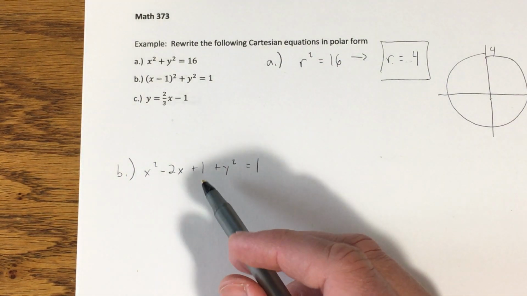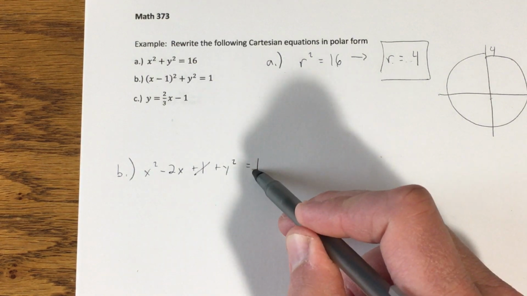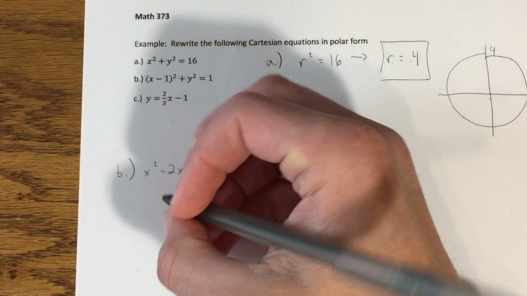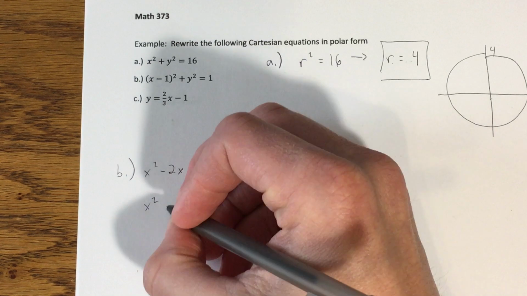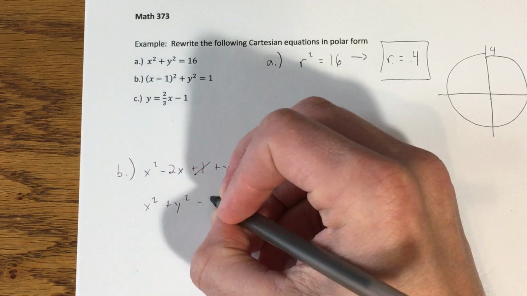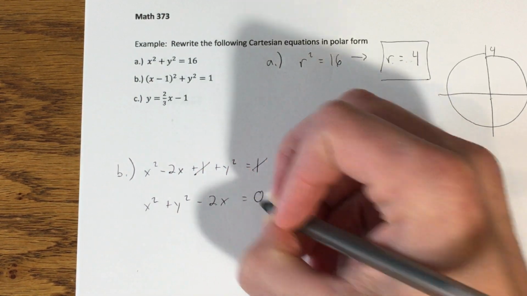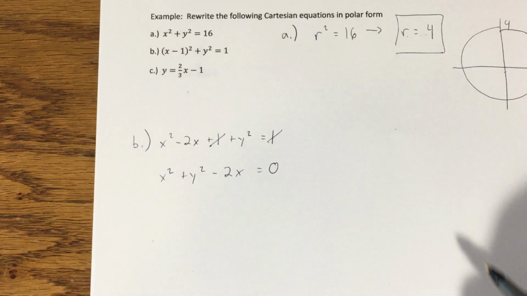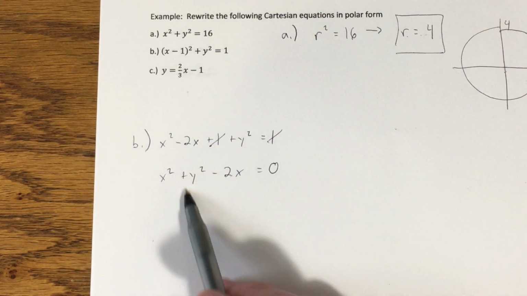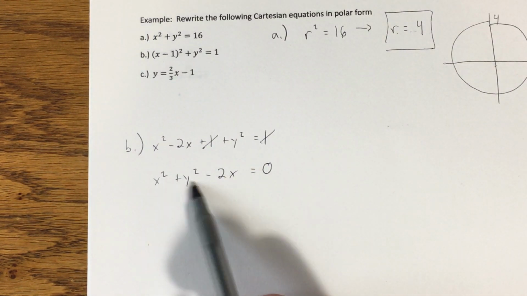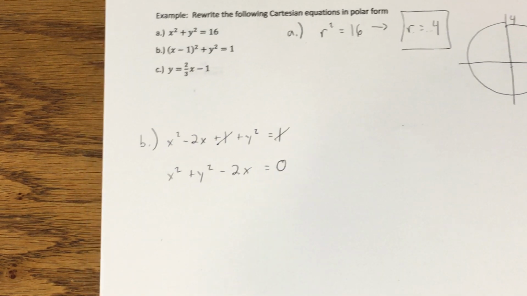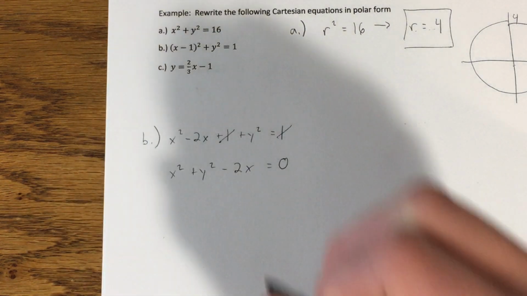Okay, now I'm going to cancel the 1's from both sides, and that's going to leave me with x squared plus y squared minus 2x equals 0. I moved the x squared and the y squared next to each other only because I know that together these things are equal to r squared. So that makes it a little more clear what to convert.